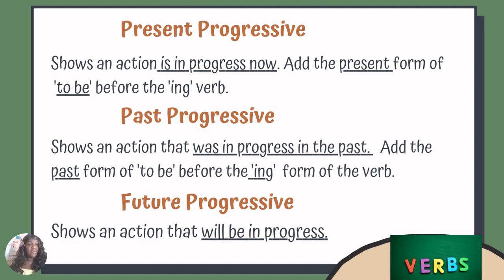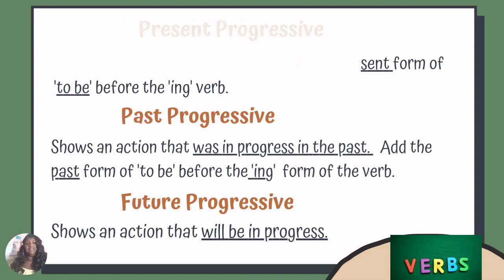Add the past form of to be before the ing form of the verb. Future progressive. It shows an action that will be in progress. All these tenses have in common ing added to the verb.